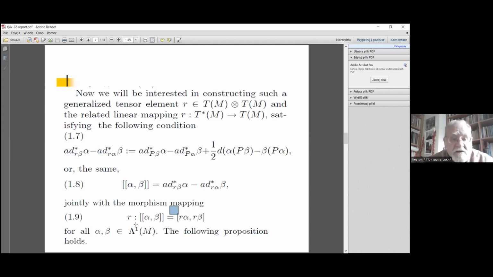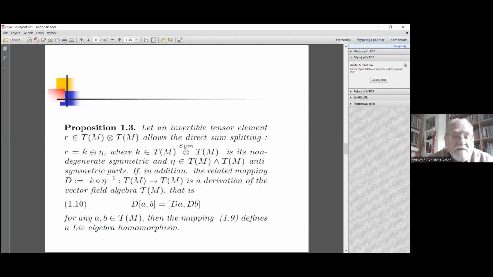So we should impose some additional constraints, owing to which this mapping will be a homomorphism of two Lie algebras on the cotangent space and tangent space.